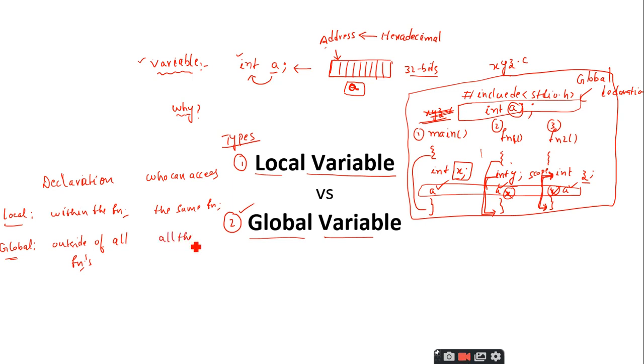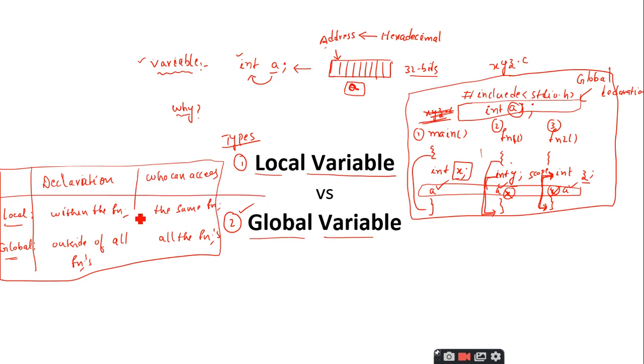All the functions can access it. Simple thing. If you remember these 2 points regarding local and global variables, it will be very beneficial, and this is the entire discussion on the local variable and the global variable.